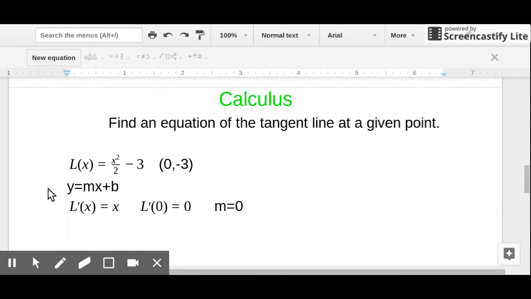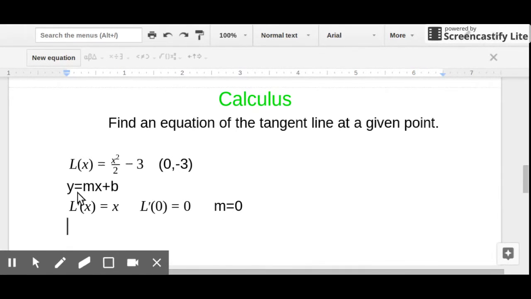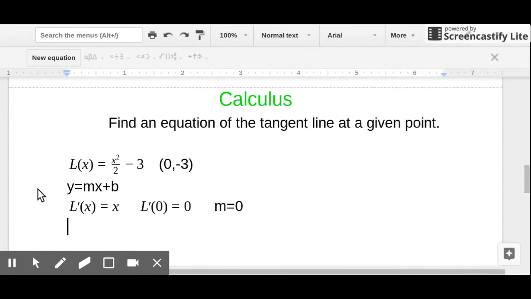All right. So the next thing we want to do is plug what we have into our equation here. So we're going to plug in 0, -3, and m for the slope. -3 goes here where the y is located, and then 0, that's our slope.